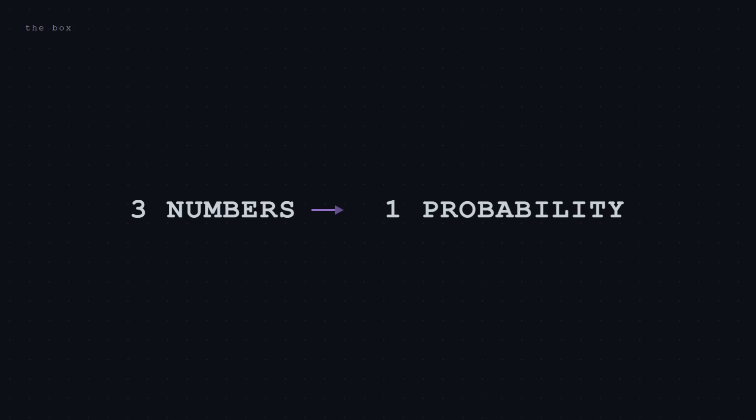Black is 3 zeros. Every color you can render on a screen is a single coordinate inside this 3-dimensional cube, 16 million points wide. So the contract this network signs is simple: 3 numbers in, somewhere between 0 and 255. 1 probability out, somewhere between 0 and 1.